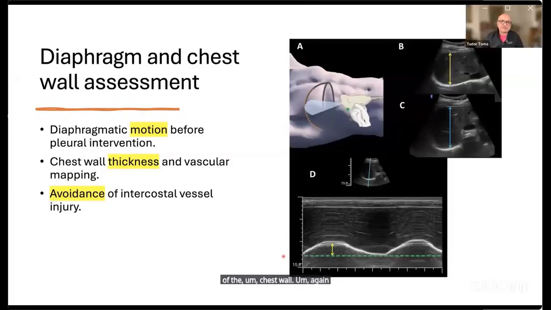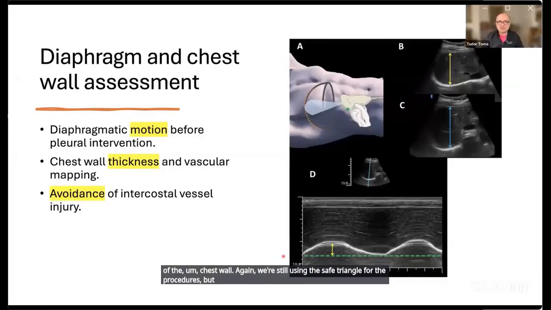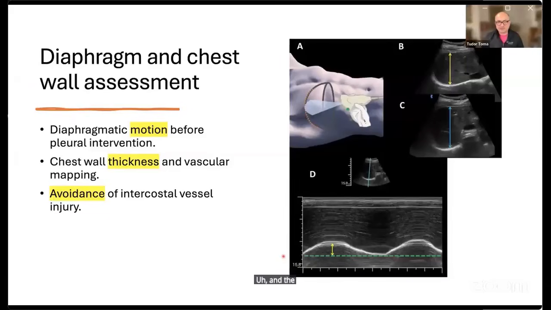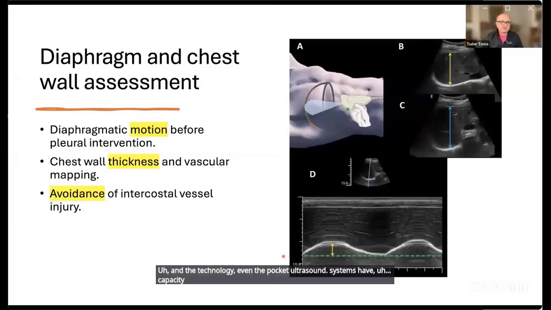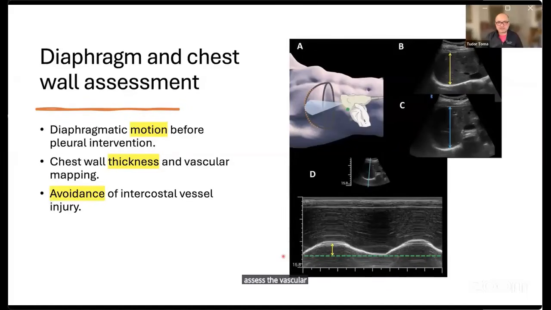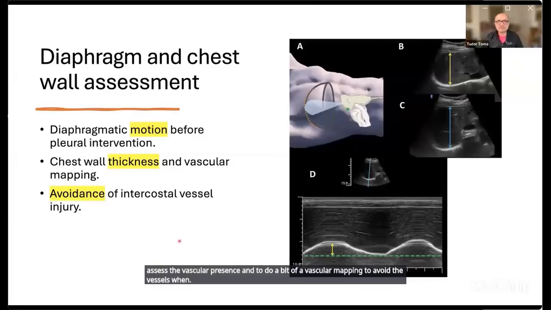Again, we're still using the safe triangle for the procedures, but sometimes you need to go beyond the safe triangle and the technology. Even the pocket ultrasound systems have capacity to use Doppler assessment, and it's very easy to assess the vascular presence and to do a bit of vascular mapping to avoid the vessels when we do the procedures.